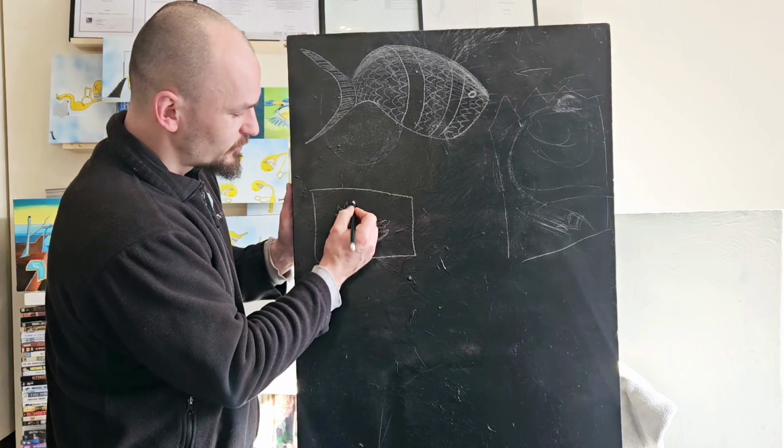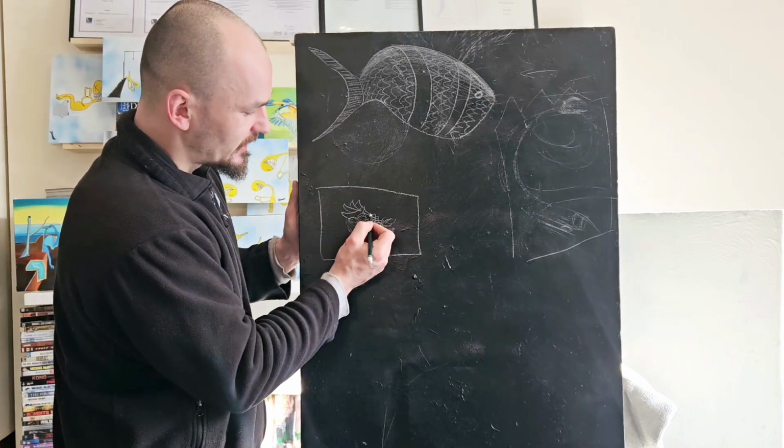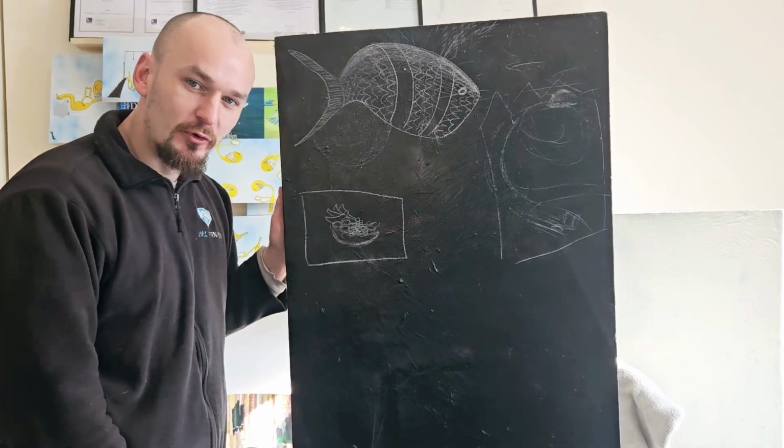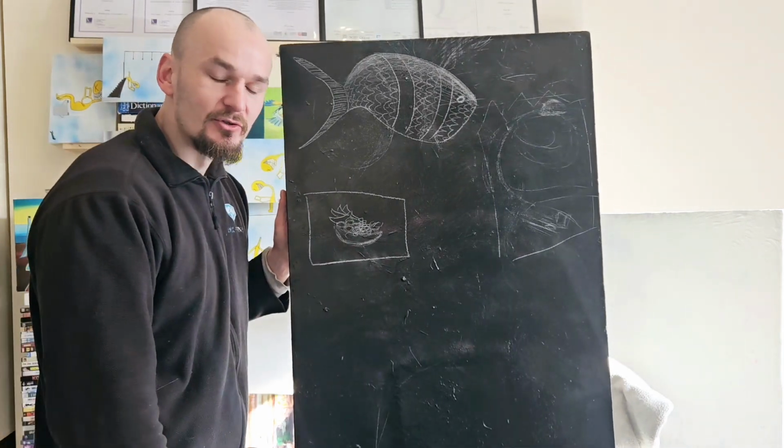Just like so, and I'm just going to put one more banana up there, which doesn't look like a banana, but fair enough. So we've got a bowl of fruit in our composition-based drawing.